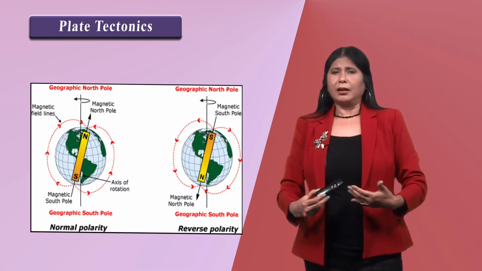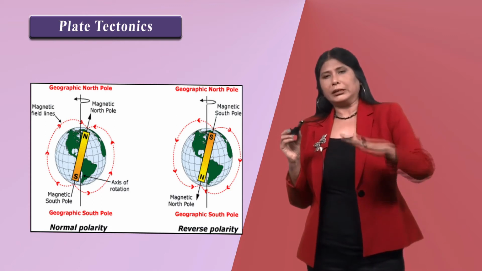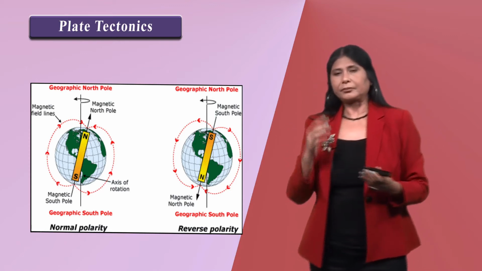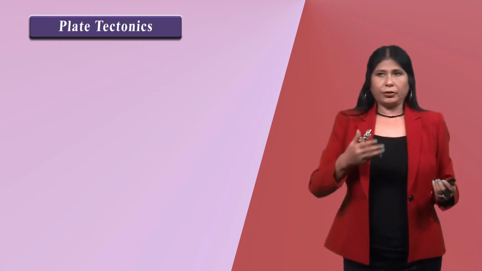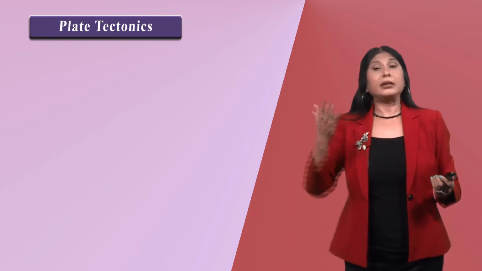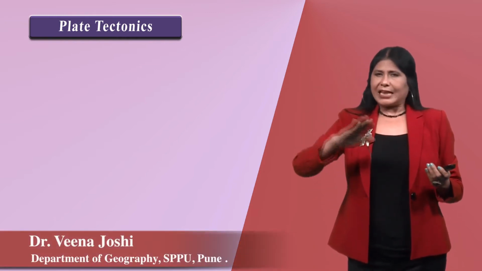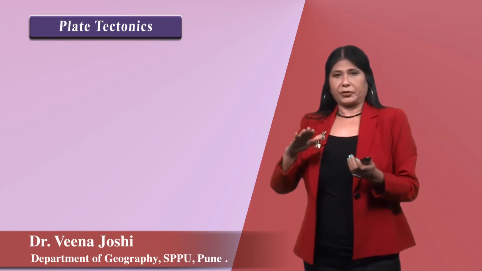And this happens when the lava cools to a temperature which we call the Curie point, a threshold point. Lava is at, say, 1000 or 1200 degrees Celsius. During that time, all this magnetic substance is floating without any orientation.